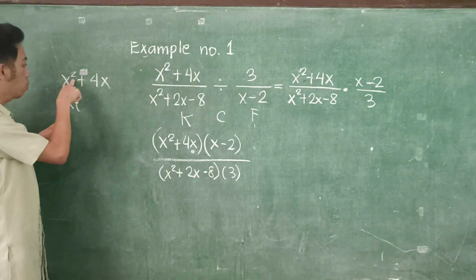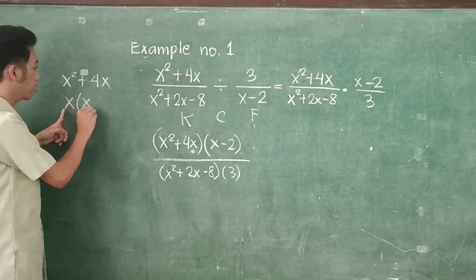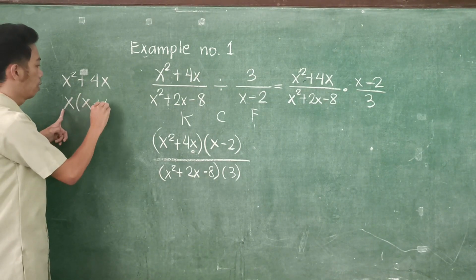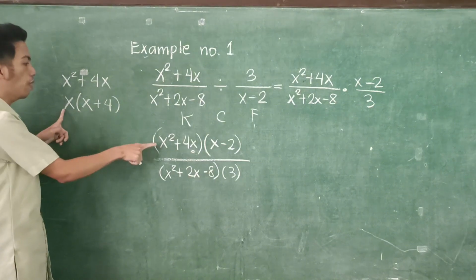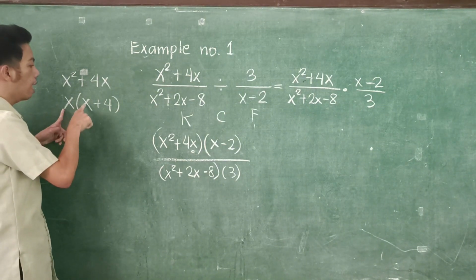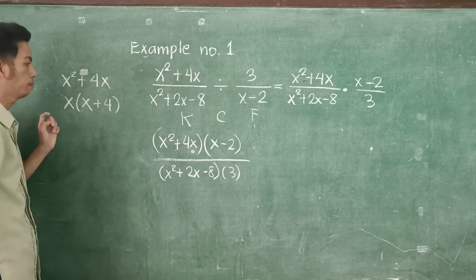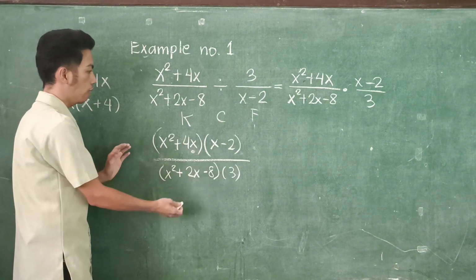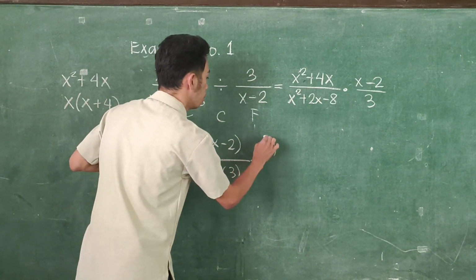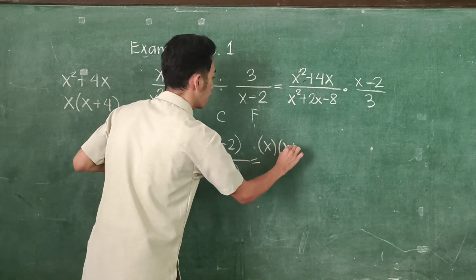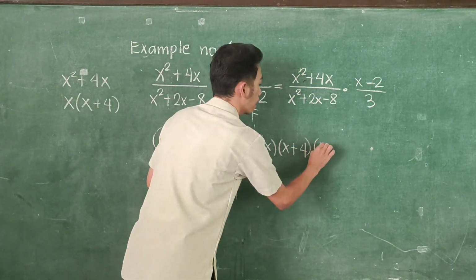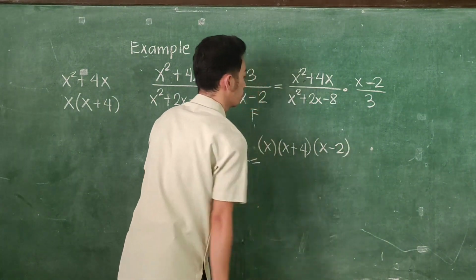So we have x squared divided by x, we have x. And 4x divided by x, we have plus 4. So the factor of x squared plus 4x is x multiplied by x plus 4. Then copy x minus 2.